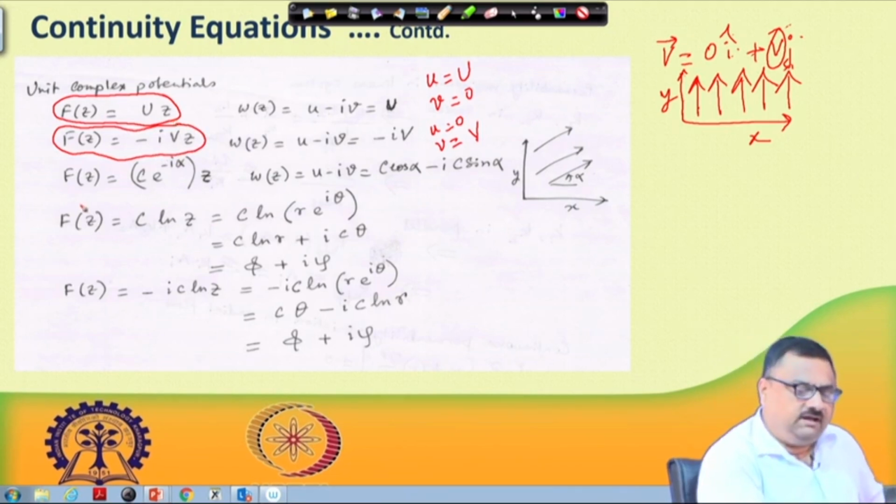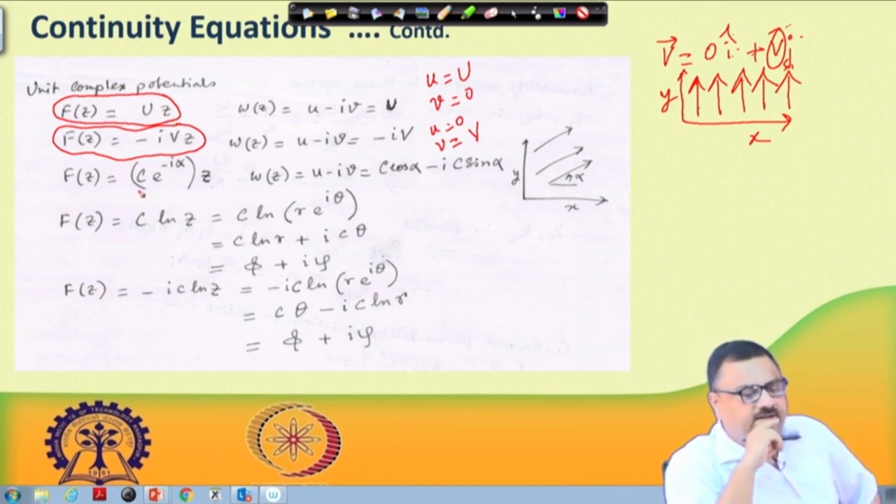Next we are looking at fz equal to c e to the power minus i alpha into z. So, this is another elemental flow.